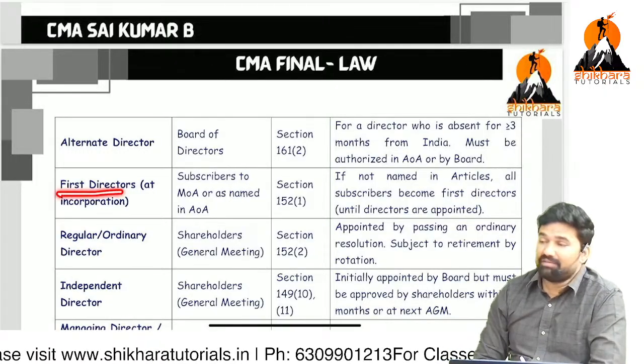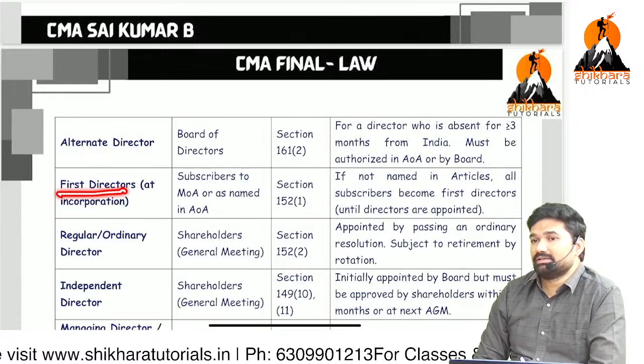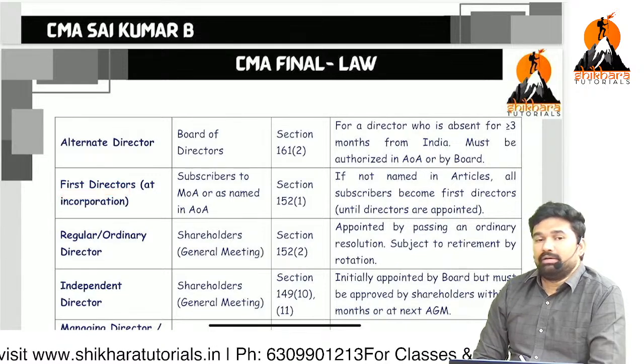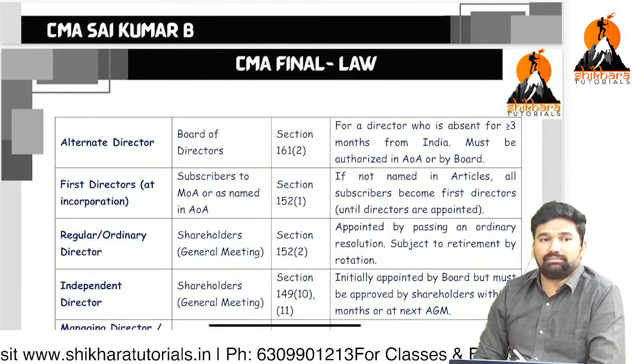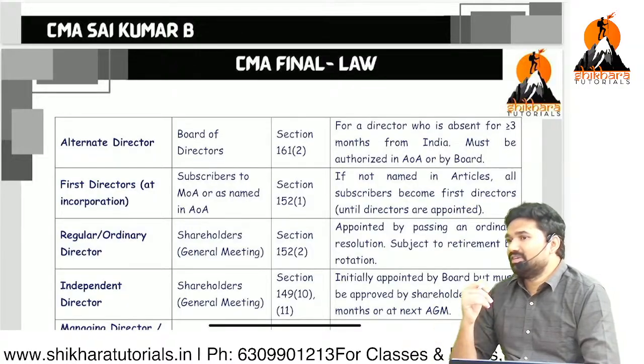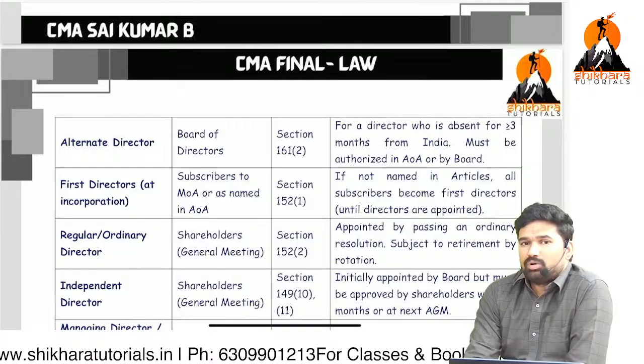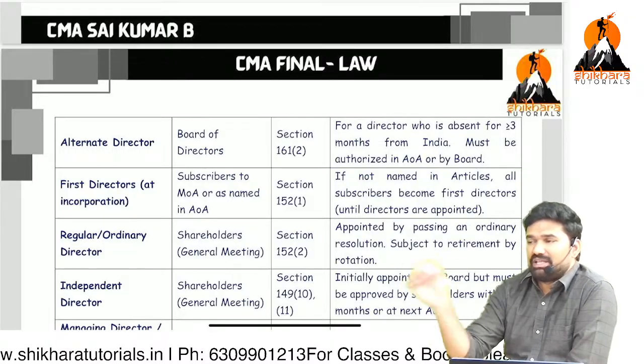First directors, I have already discussed this first directors concept in yesterday's session. You have to check the AOA with respect to who are the first directors. If the AOA mentions that this person is a first director, this person is a first director.